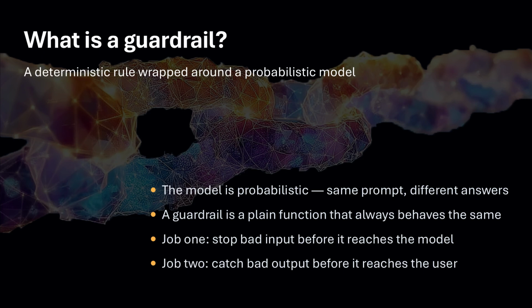It is a plain function that runs before or after the model, and it always behaves the same way. It has 2 jobs: stop bad input from ever reaching the model, and catch bad output before it reaches the user. Think of it as a safety rail on each side of the agent, where the model does the thinking and the guardrail enforces the limits.